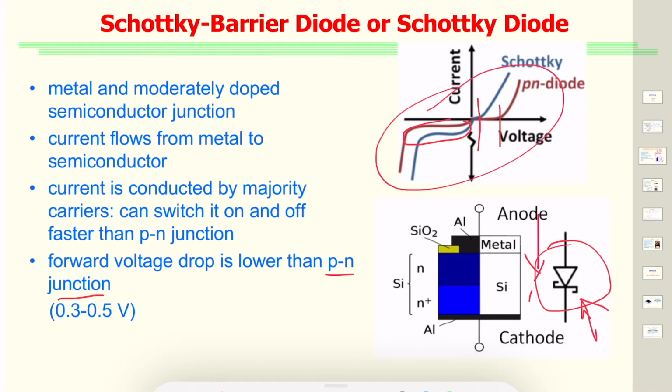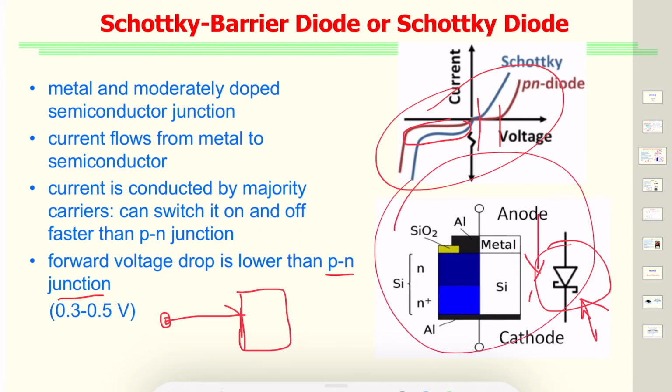So it depends on which metal is being used. When we make the output interface with the device, those junctions are called ohmic contacts, just to distinguish them from these rectifying contacts that would result in the formation of a Schottky barrier diode.